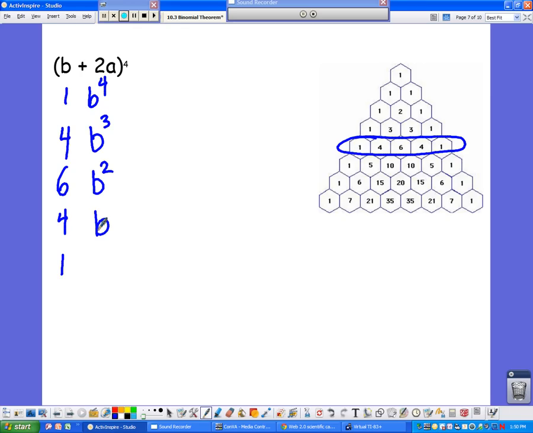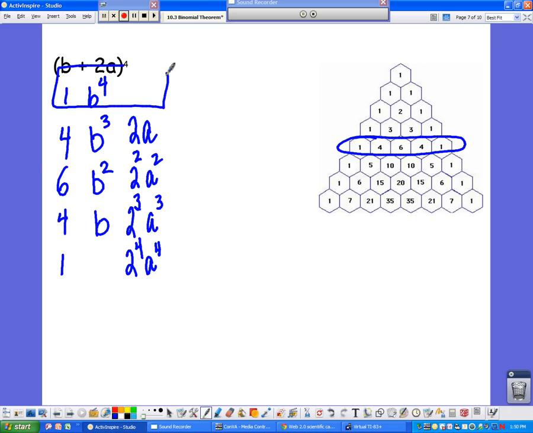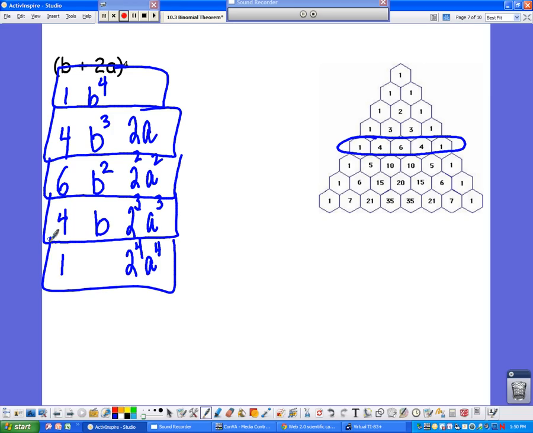Since they're both in the same spot, it's got to be 2 to the fourth, a to the fourth. 2 to the third, a to the third. 2 squared, a squared. And then 2a. Okay? And then no 2a. So remember, this stuff goes together, this stuff goes together, this stuff goes together, and that stuff goes together.